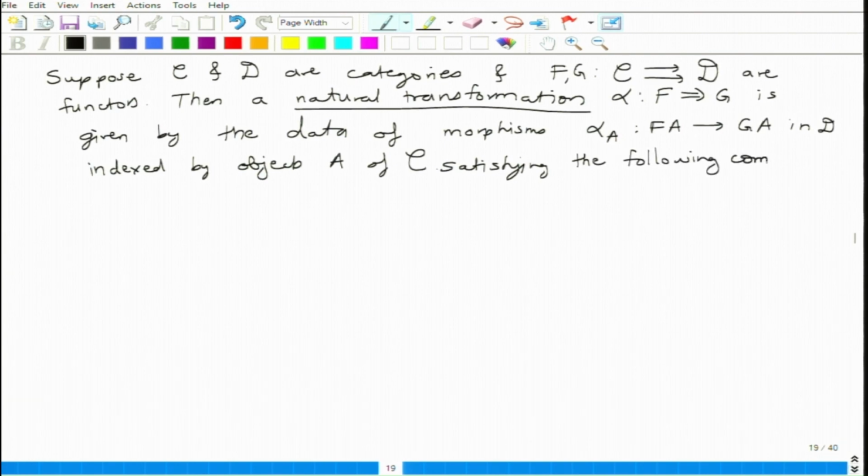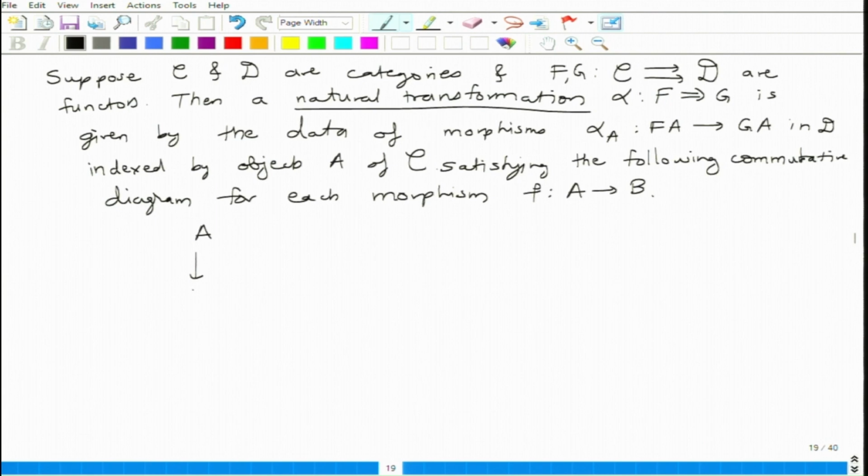commutative diagram for each morphism f from A to B. Okay, so I am going to write this down in a very specific manner, and that will help you remember what we are doing.